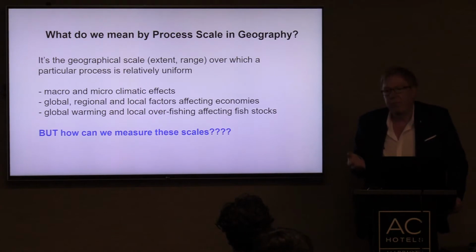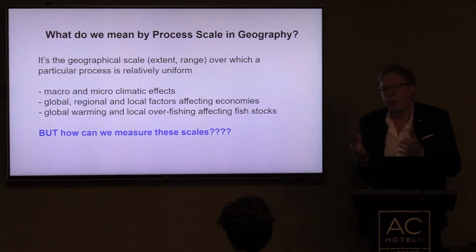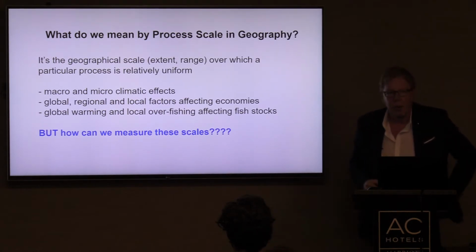We talk about fishing stocks and a product of overfishing being local overfishing, too many people fishing in a local area, but also global warming, global rise in sea temperatures. So we talk about this, and we actually appreciate that these things occur over different spatial scales. Implicitly, we are making that assumption. But how do we measure it?